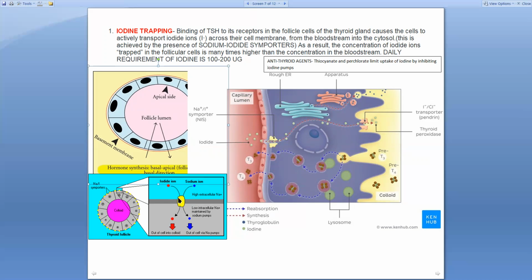So sodium and iodine, they both are transferred inside the cytosol of follicular cell. So iodine comes. As a result, the concentration of iodide ions trapped in the follicular cell is many times higher than the concentration of iodide in bloodstream. Daily requirement of iodine is 100 to 200 microgram. These are some values which we need to remember for competitive exams.